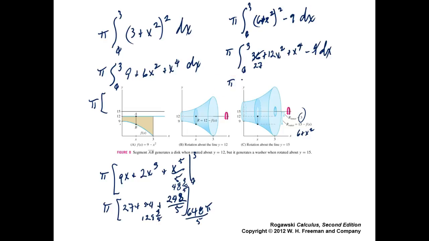All right? So doing the antiderivative of that, pi, that'll be what? 27x plus, what did you say, 4x cubed, that's right, over 5. Okay, evaluate that from 0 to 3.